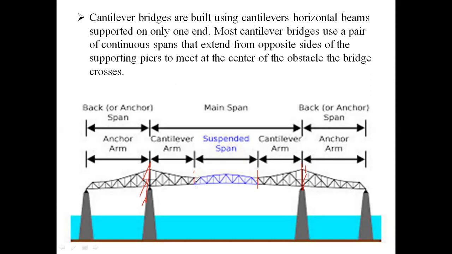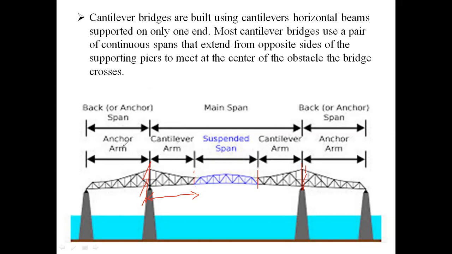From this end to this end, again there is a small truss which is provided. So this portion is called a cantilever portion, because this is fixed and this end is free. By that, this is called the cantilever arm.